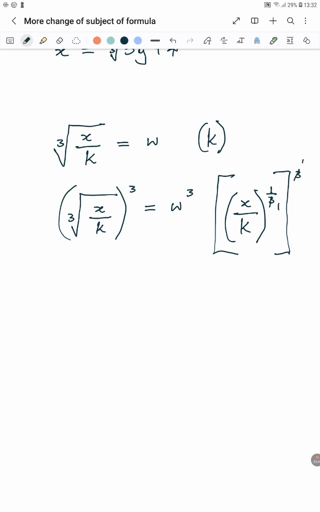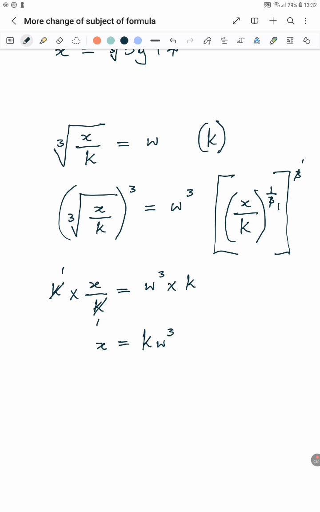So once you do this, you're going to remain here with x over k being equal to w to the power 3. And if you multiply both sides by k, you're going to clear the fraction this side and you remain with x, and here you're going to have k w to the power 3.